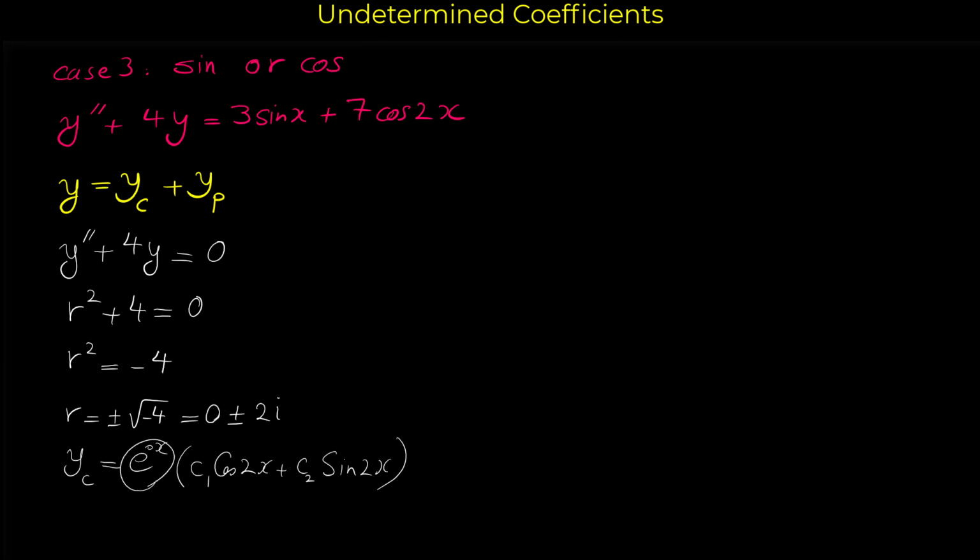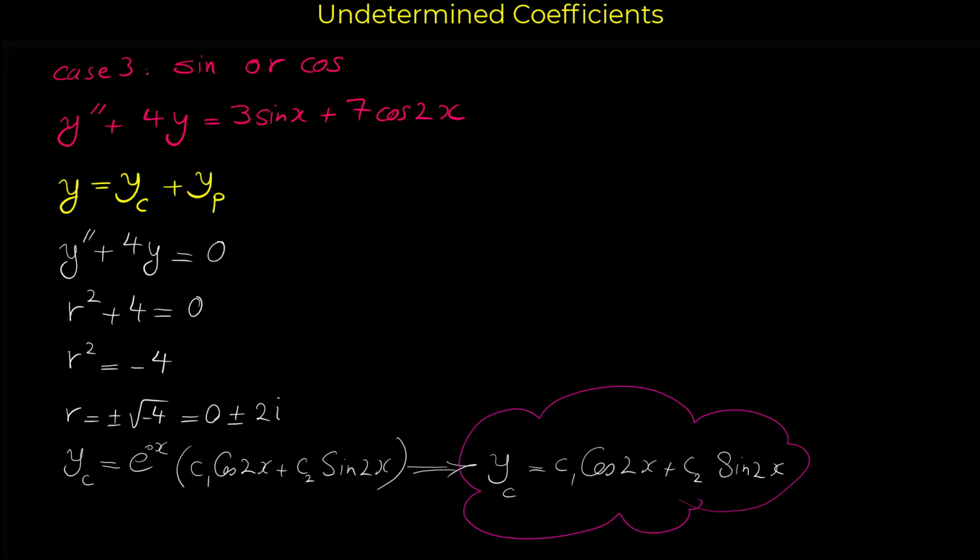E to the 0 is 1, so we can write our complementary solution in the form of c1 cosine 2x plus c2 sine 2x. So this is the complementary solution. Now let's see what the particular solution is.